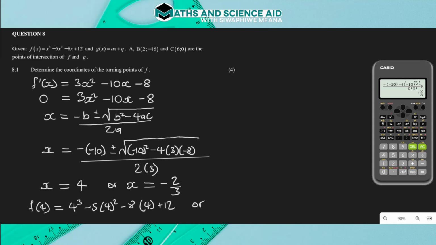And for the other value of x, we have f of negative 2 over 3. So that will be equal to negative 2 over 3 cubed minus 5 into negative 2 over 3 squared minus 8 multiplied by negative 2 over 3 plus 12. So we just simply need to input these to our calculator.